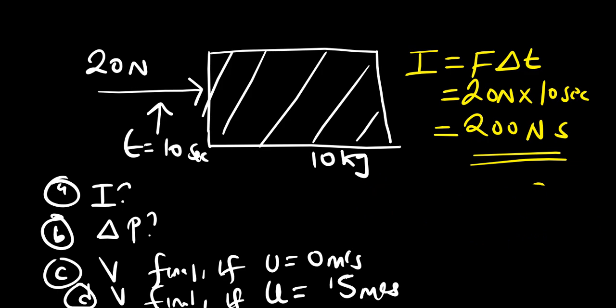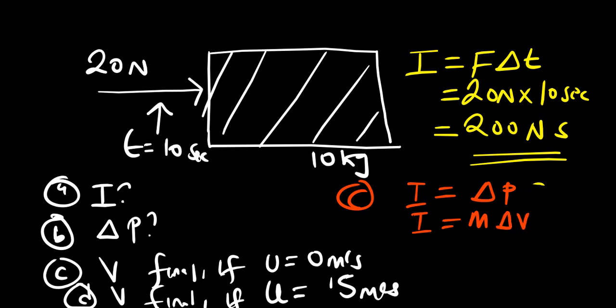Okay, what about C? How can we solve C? Again, we're going to say our impulse is equal to the change in momentum. Now, you know that the change in momentum is mass times the change in velocity. We've been given 200 newton seconds.